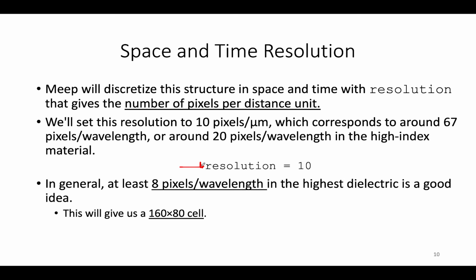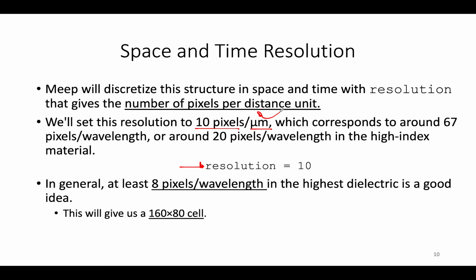Remember that our dimensional units in space are normalized over one micrometer. So for instance, if we have a resolution equal to 10, we will set the resolution to 10 pixels per micrometer.